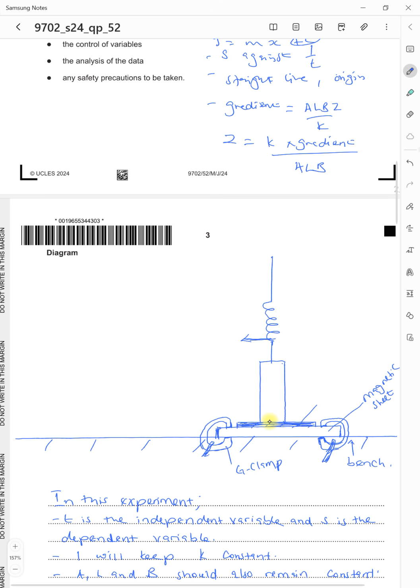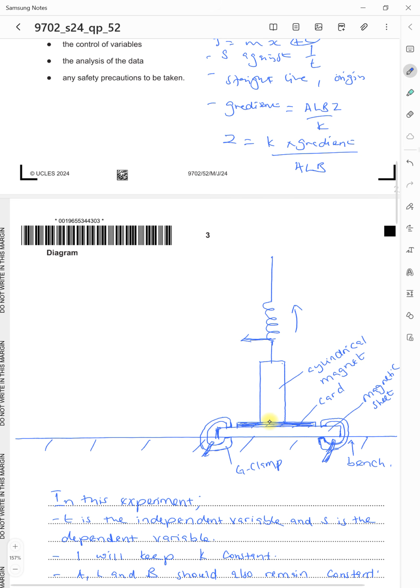And this one is the card. And this is the cylindrical magnet. Remember, I'm going to apply a force to lift the magnet. So I will need now a ruler which is clamped somewhere here.